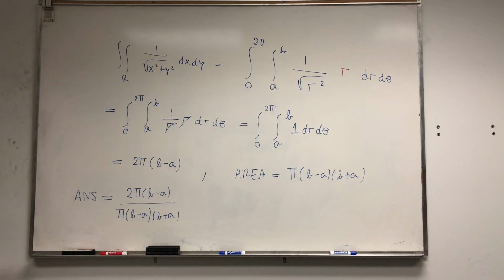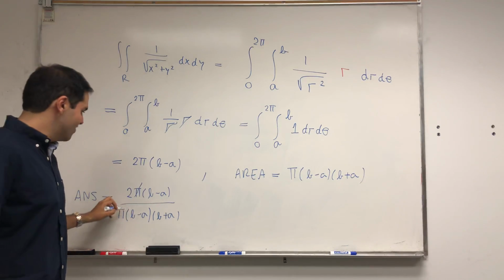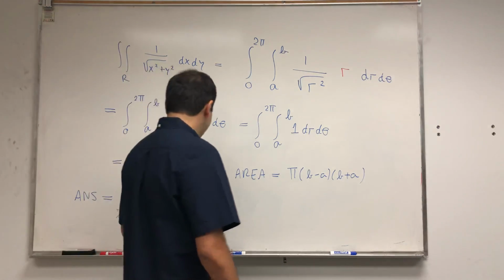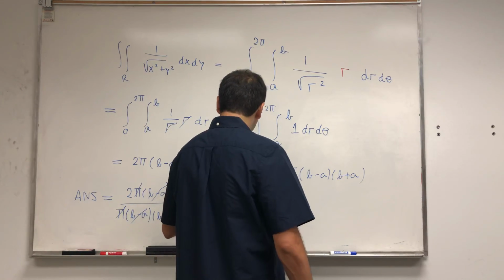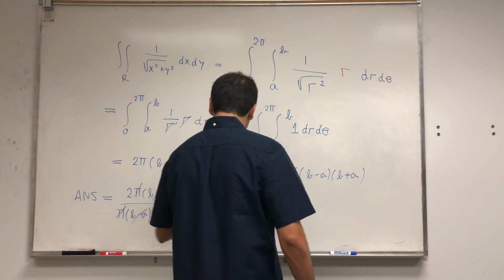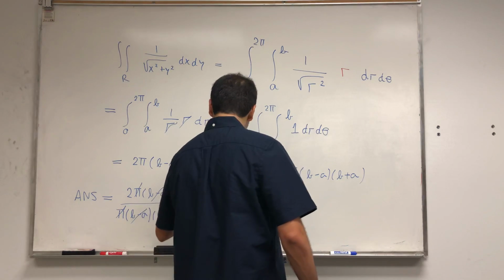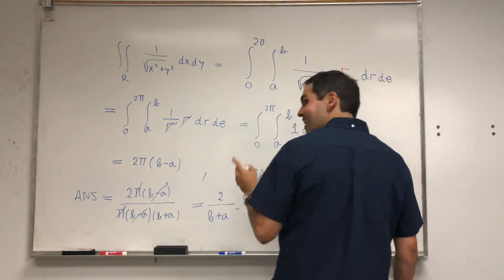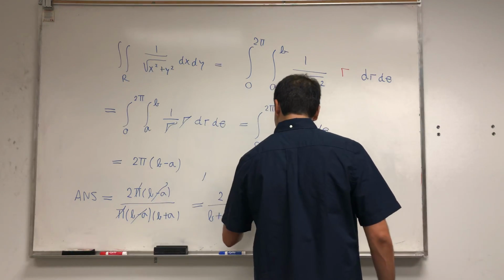And there's a beautiful simplification here. Not only does the pi simplify, but also the b minus a. And you're left with 2 divided by b plus a. Let's write this in more suggestive notation.